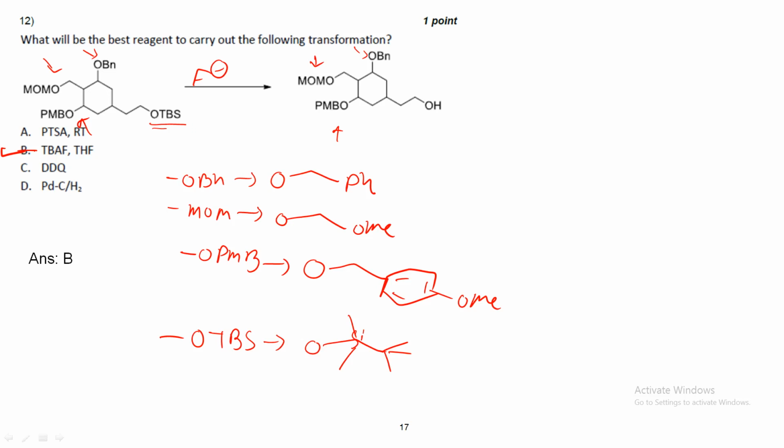So now look at the other conditions. Let's say this condition is palladium charcoal. So what would be happening? So O benzyl can be deprotected, and PMB should also be deprotected, and these two would be unreacted.